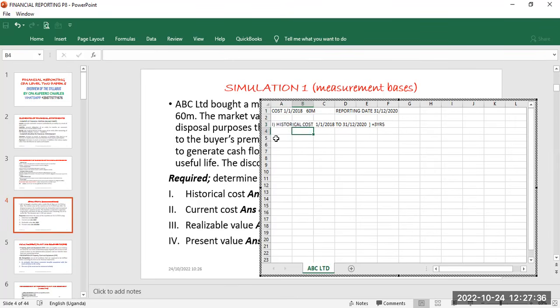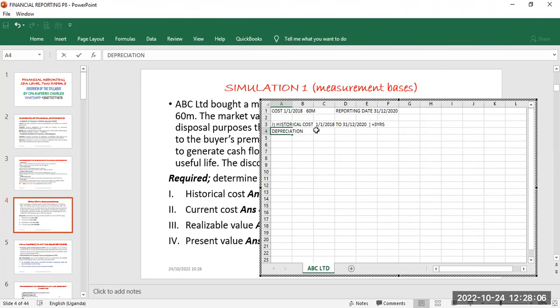So what are we trying to look at? When you have assets, you know from your financial accounting that assets reduce in value. It can't be the same 60 million because of depreciation and all that. We have to spread the cost over its useful life. So we define the depreciation. Permit me to use DPN to represent depreciation.